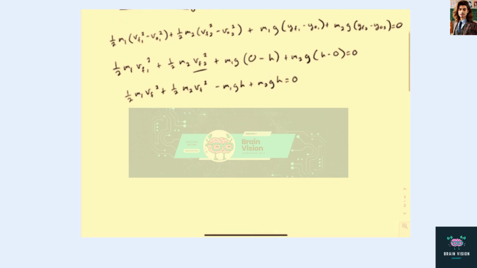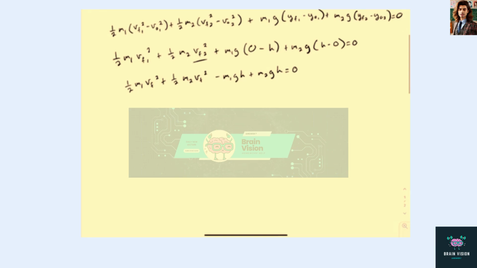So now we want to solve for velocity final, so I can factor that out. I can also factor out a 1/2. I get m1 plus m2, and then this is plus g times h times m2 minus m1 equals 0.